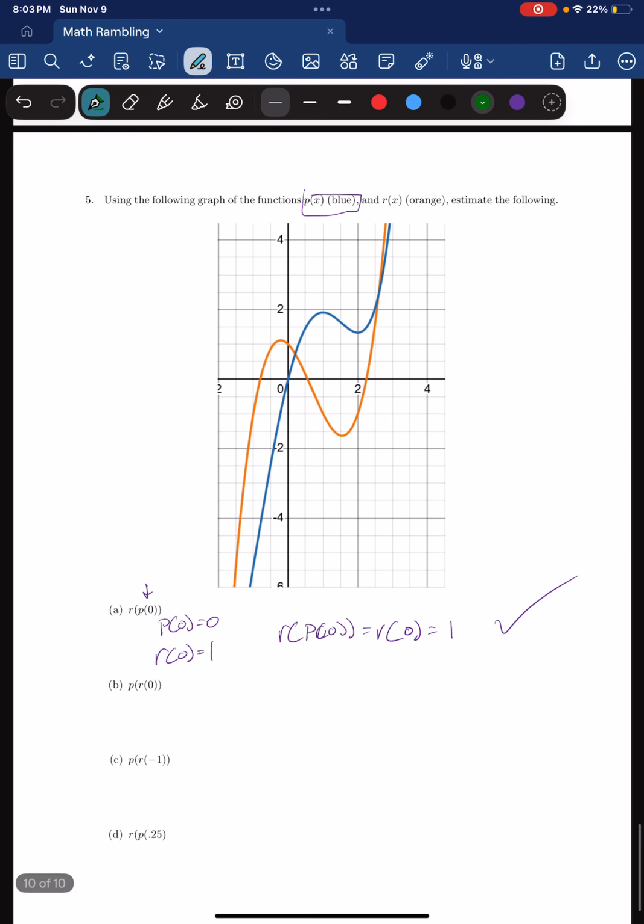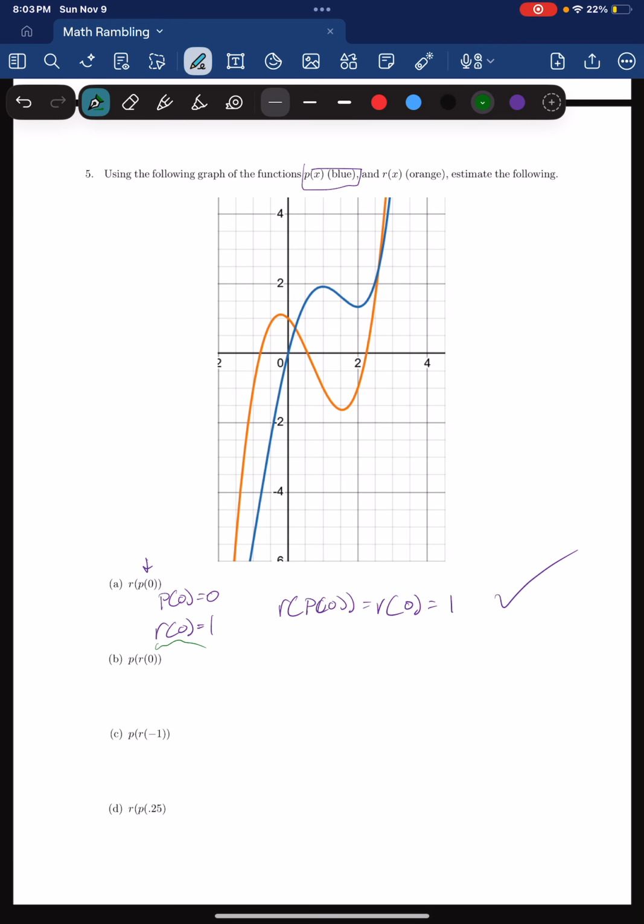R of 0. Well, we already did R of 0 up here. We found 1, so R of 0 equals 1. So now we need to find P of 1, because P of R of 0 is 1. P of 1 is really what we're looking for. Okay, so let's see. That's the blue line. P is the blue line.